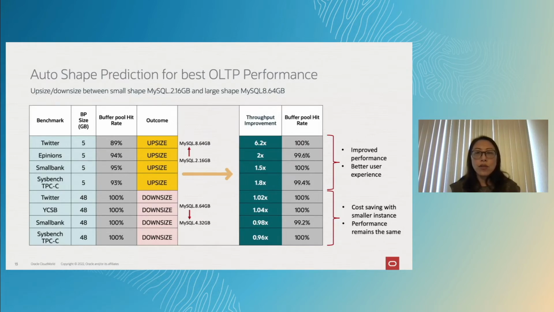As you can see on the right-hand side, after downsizing the instance, the throughput is still about the same, and the buffer pool hit rate is still about the same. What does that tell us? The 8 vCPU instance is actually over-provisioned. You don't need such a big instance. So with the downsize, it helps cost saving, and the performance still remains the same.